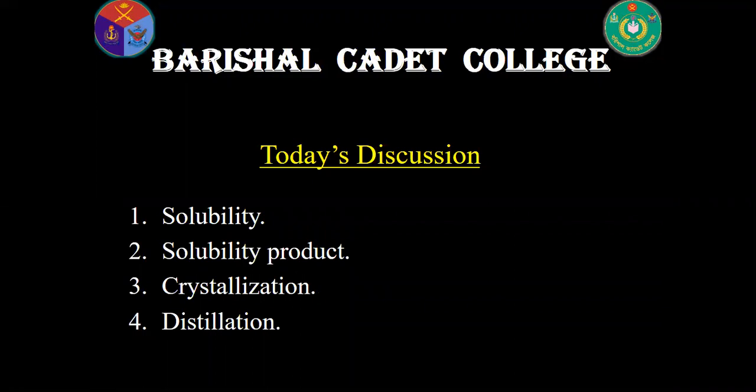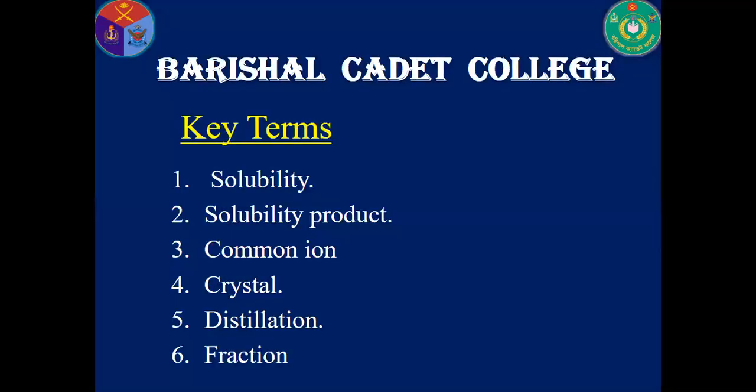Today's discussion covers solubility product, the relation between solubility and solubility product, crystallization, the process of crystallization, distillation, and the process of distillation, with relevant questions. New terms of this session today: solubility, solubility product, common ion, crystal, distillation, and fraction.